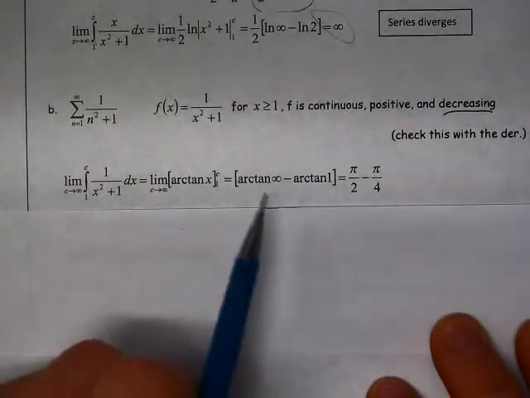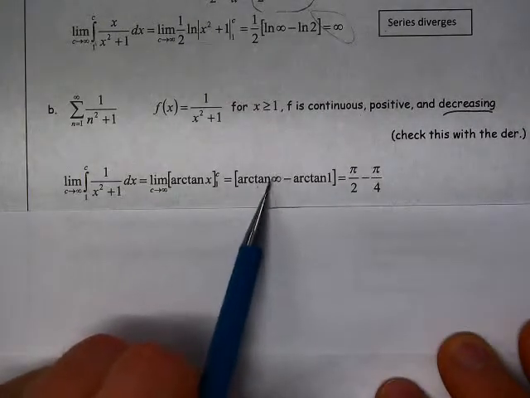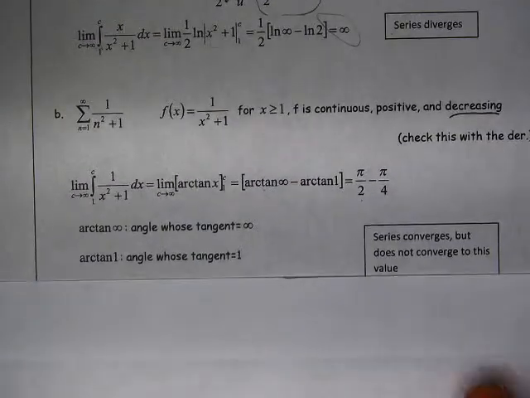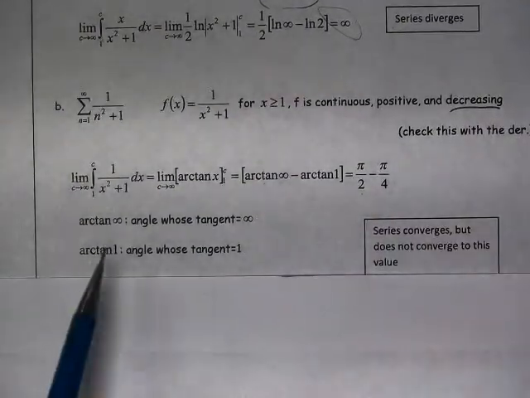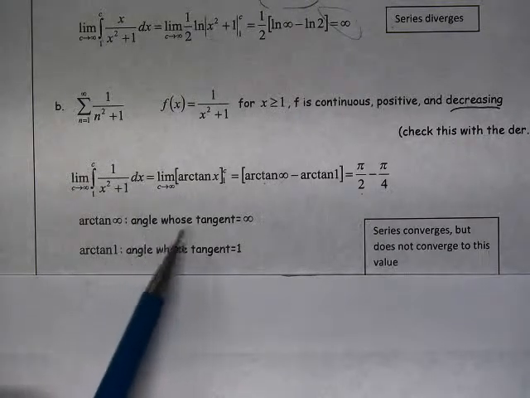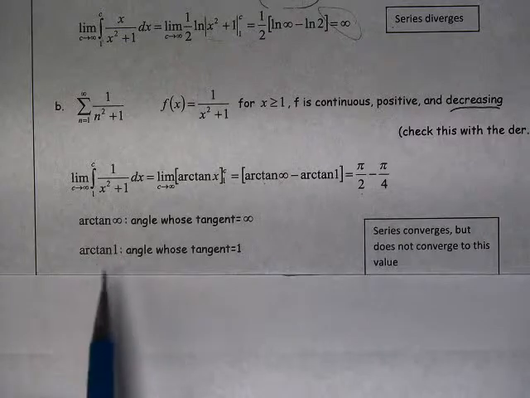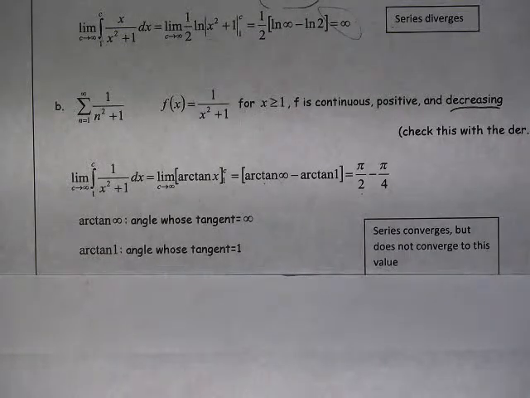The limit of arctangent as the argument approaches infinity is pi over 2. Remember that arctan of infinity means the angle whose tangent is equal to infinity, and that is pi over 2. And arctan 1 is the angle whose tangent is equal to 1. That's pi over 4.